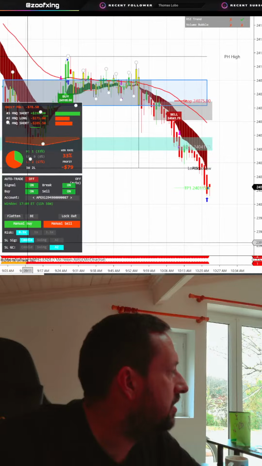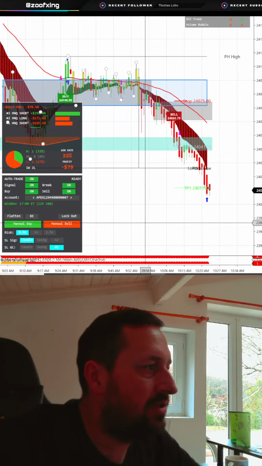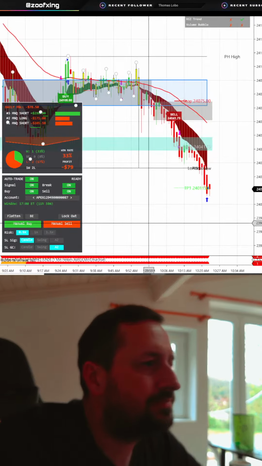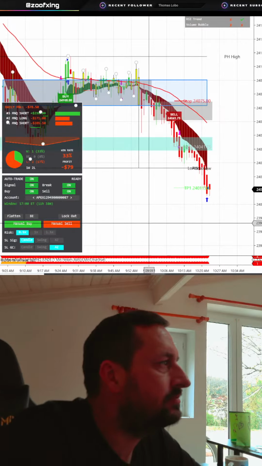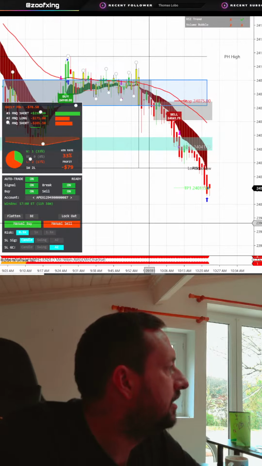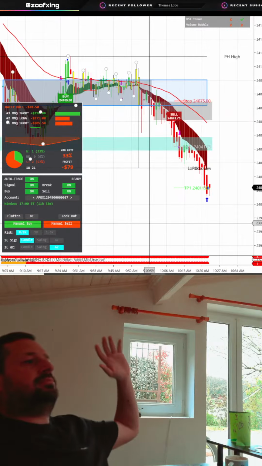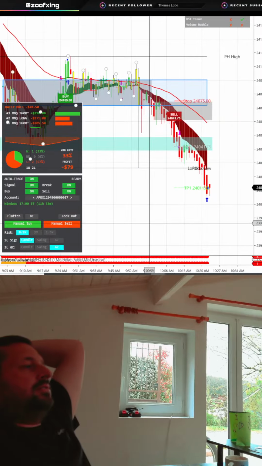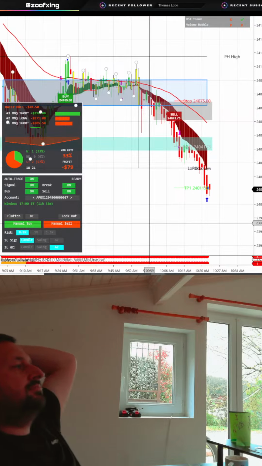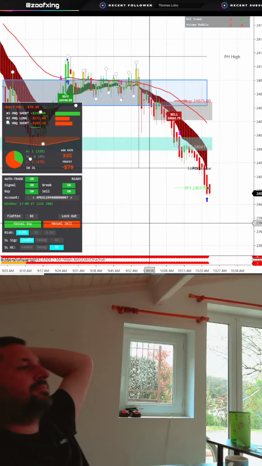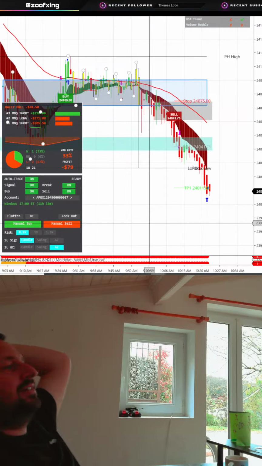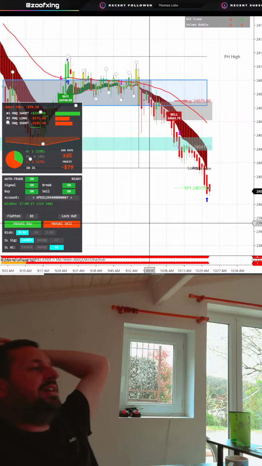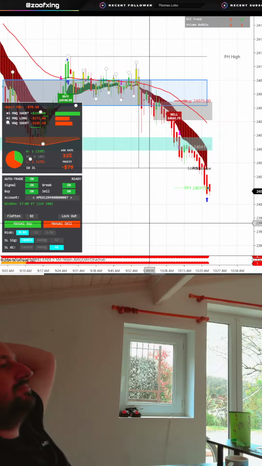But I only want to use 0.5 risk, unless we get a swing, and then I'll use swing. Trades on. It's pretty good.